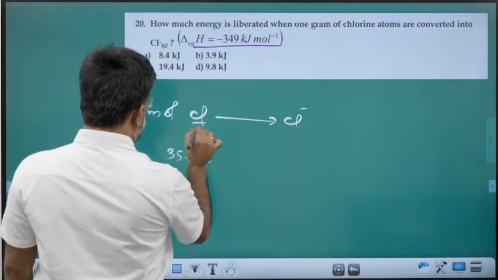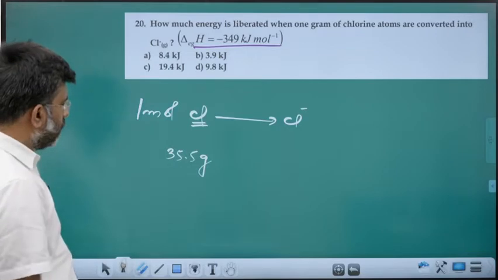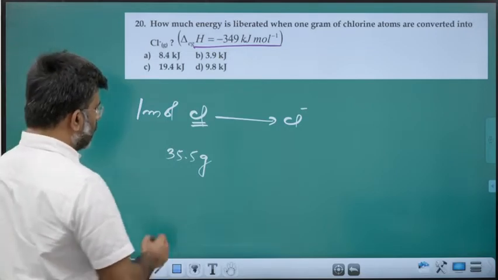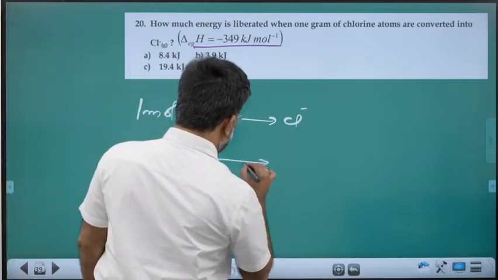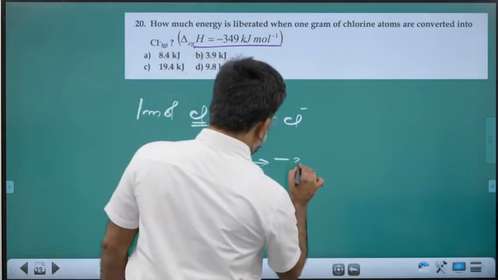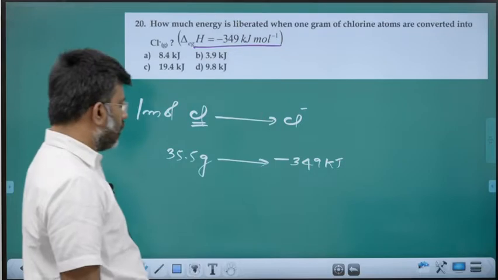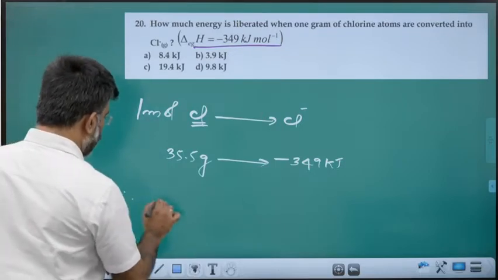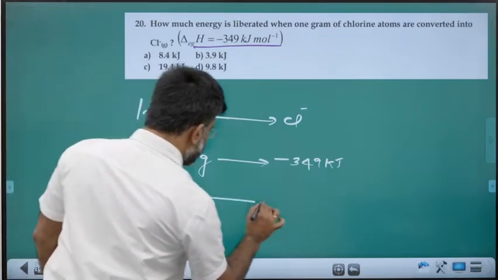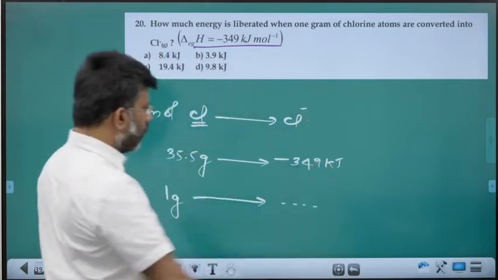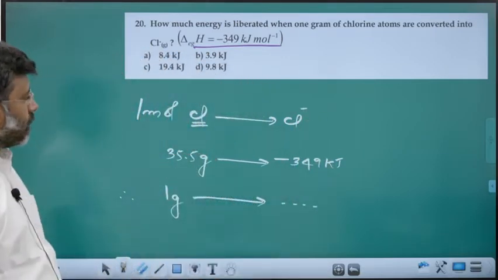You know the atomic mass of chlorine, 35.5 gram. The energy liberated is minus 349 kilojoule per mole. Therefore, 1 gram, how much? That is the question.